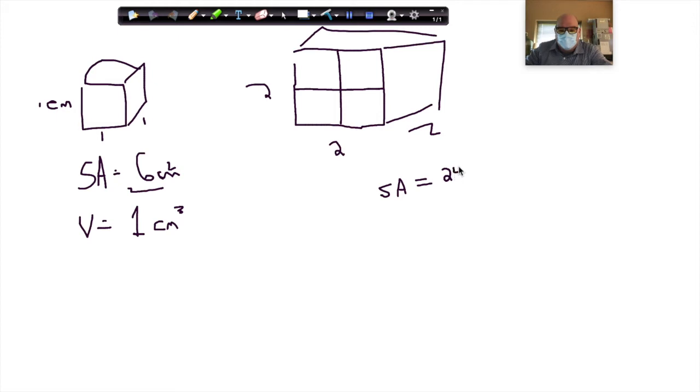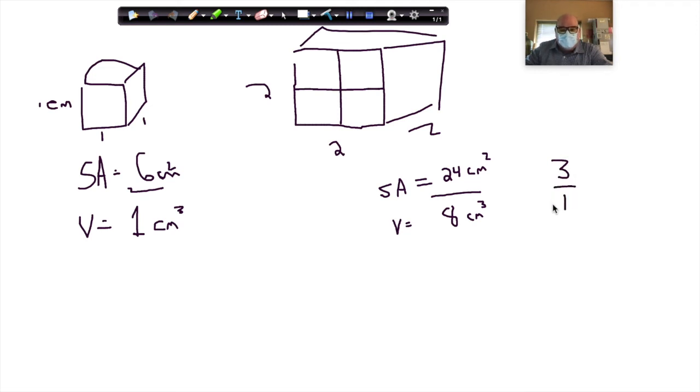Okay, so let's figure out the volume of that cube. The volume of that cube is going to be 2 times 2 times 2, and let's put some units on here. 2 times 2 times 2 is 8, and that's going to be centimeters cubed. Okay, so let's reduce this down to 3 over 1.